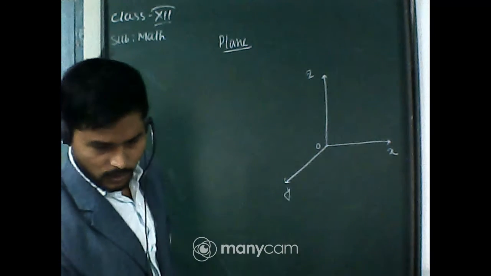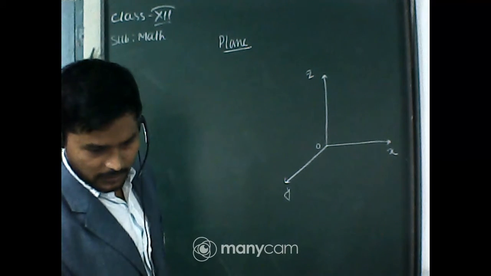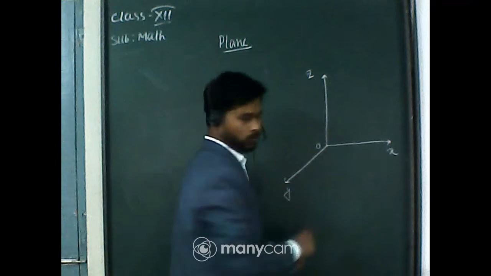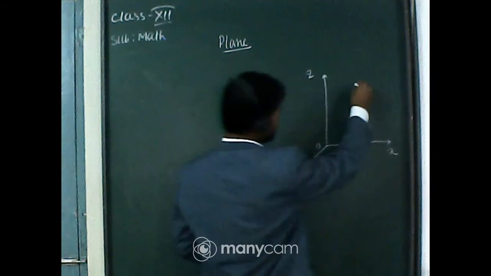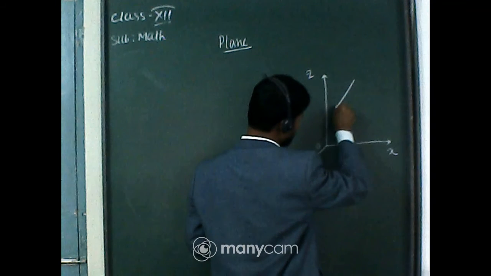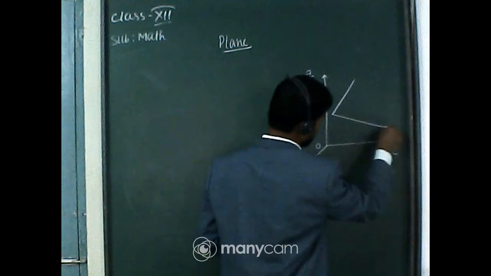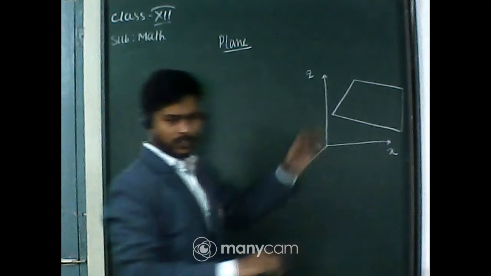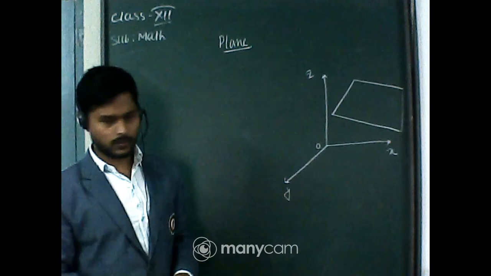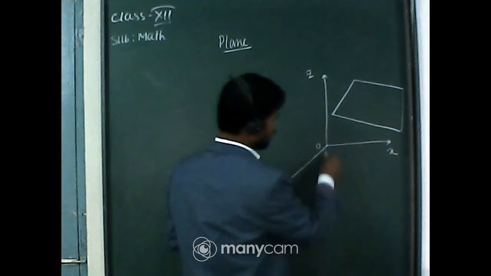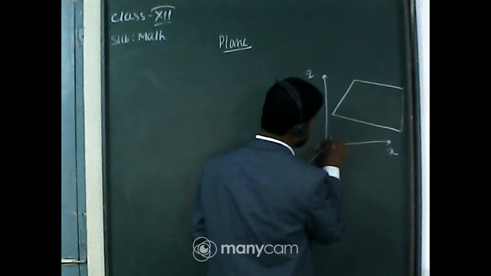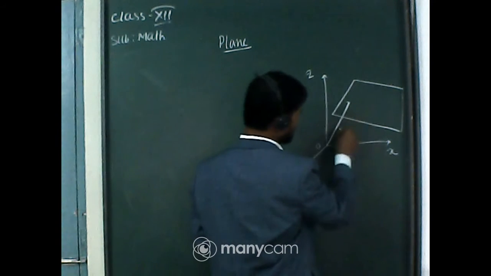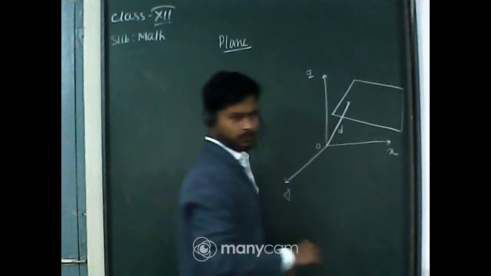The point where the axes intersect is called origin O. Now let us consider a plane here. This is any plane whose distance from the origin is d unit. If I draw a line perpendicular to the plane, this distance is d unit.